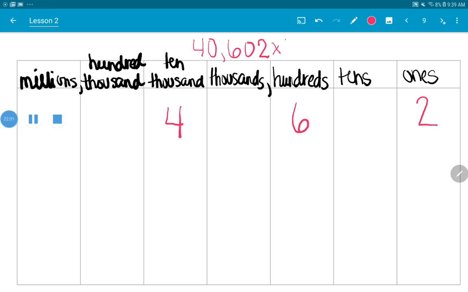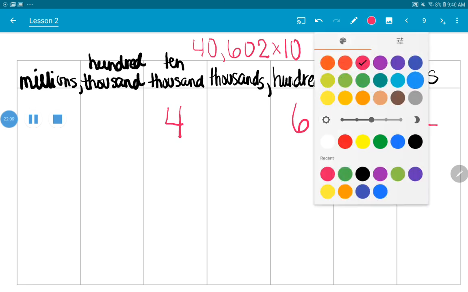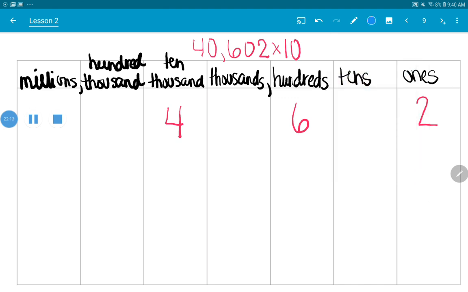And I want you to make that 10 times bigger, or multiply it by 10. What's going to happen to my 4 ten thousands? What happens to them, Christopher?